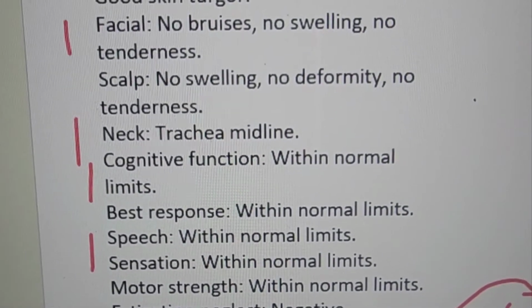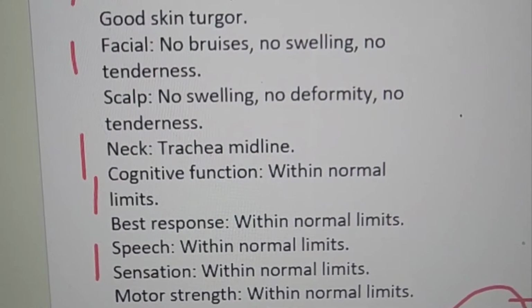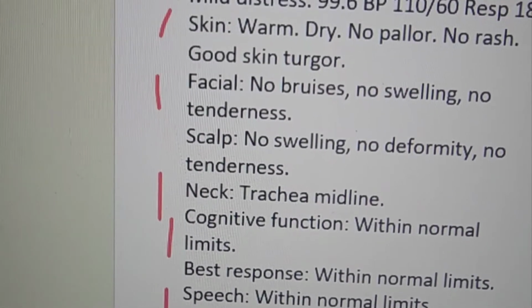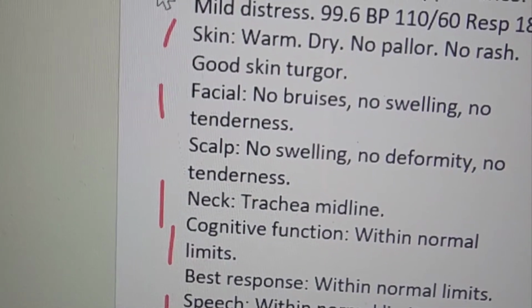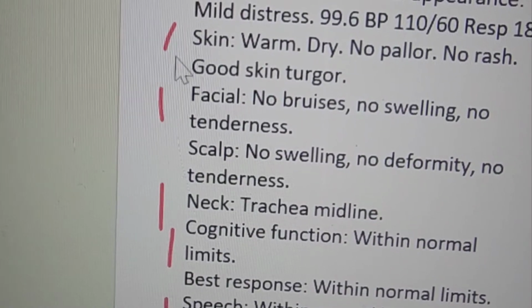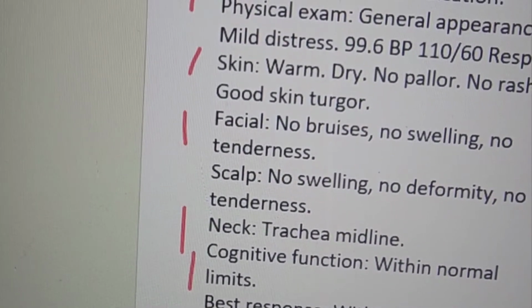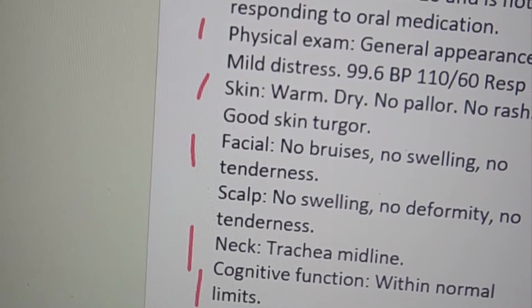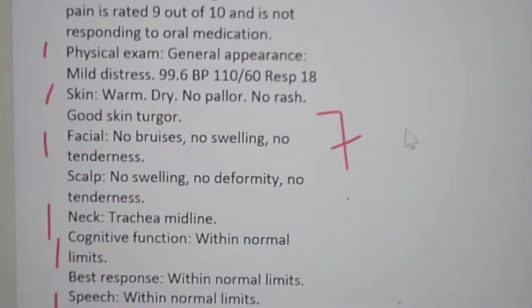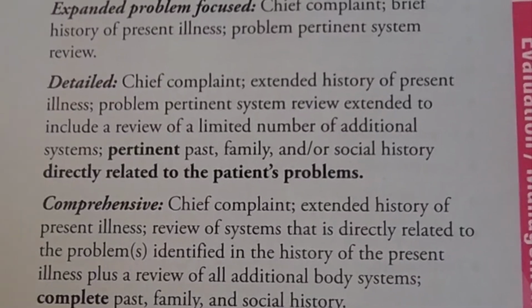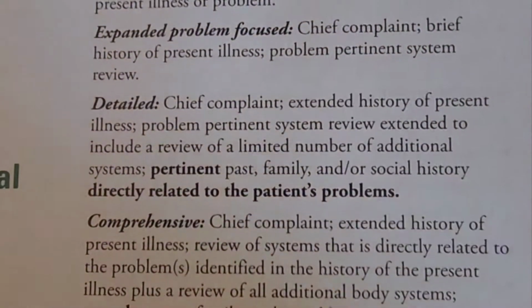For this one, I think it'd be easiest just to count how many systems we reviewed. So with this one, I think we reviewed 1, 2, 3, 4, 5, 6, and 7. So 7 areas is going to get us a detailed exam.